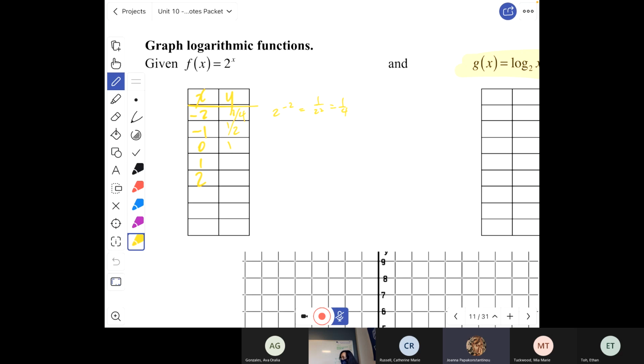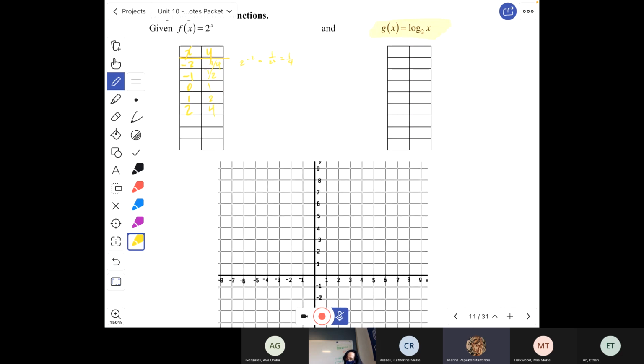Every parent exponential function with no transformation passes through (0, 1). What about if x is equal to 1? And if x is equal to 2? So I could graph this: (-2, 1/4), (-1, 1/2), and so on. So that's y equals 2 to the x.